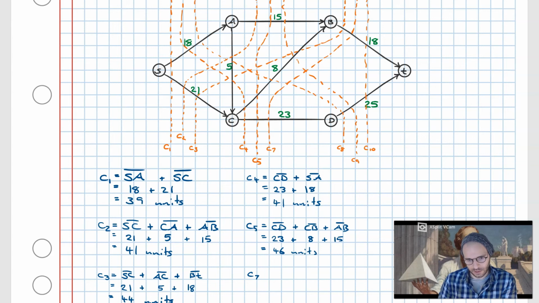In this case, we don't actually have a C6, forgot to include that, so we go straight to C7.